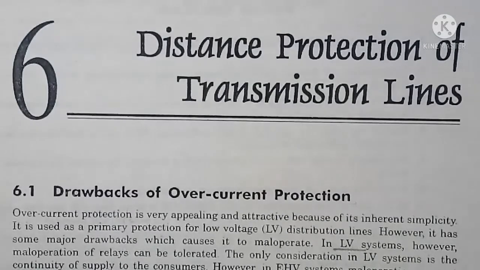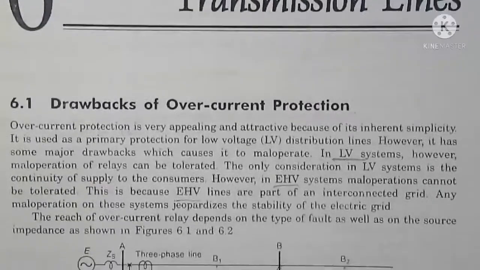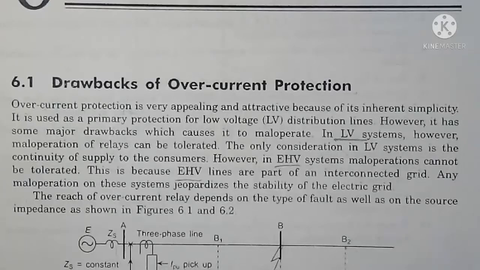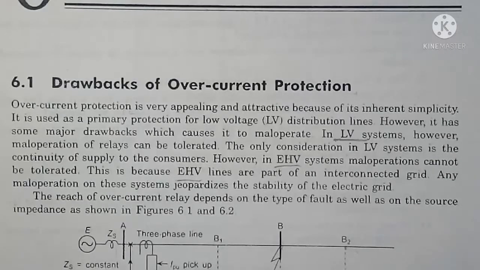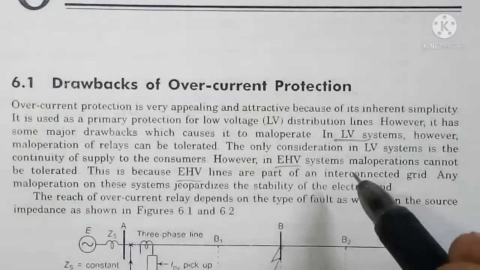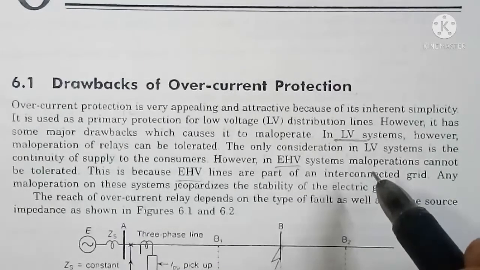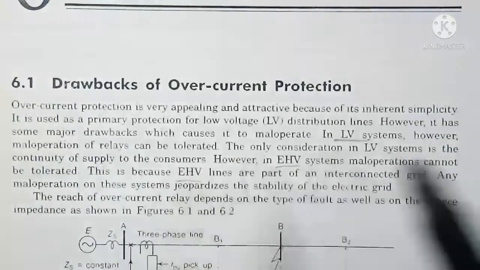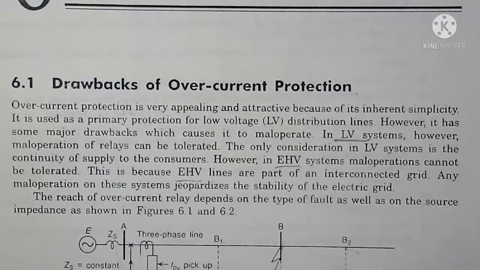In LV systems, if we use the overcurrent relays, the purpose would be served, because in case of LV systems, continuation of the power supply to the consumers is the only requirement.